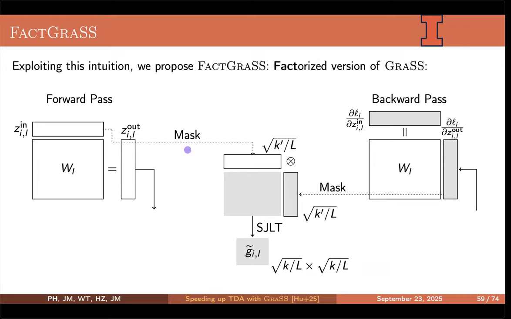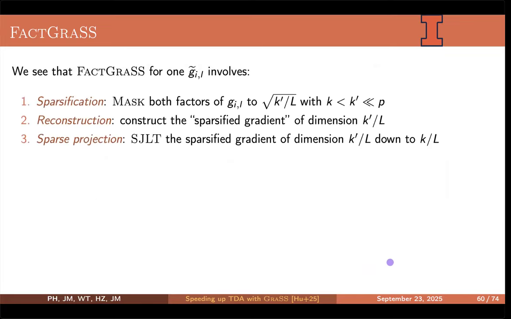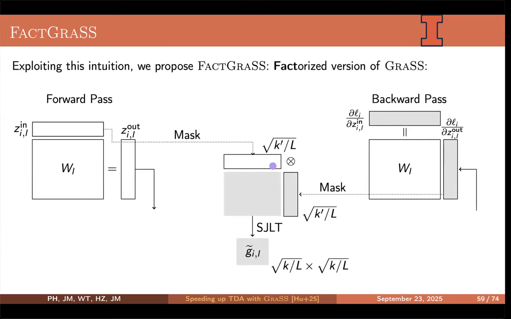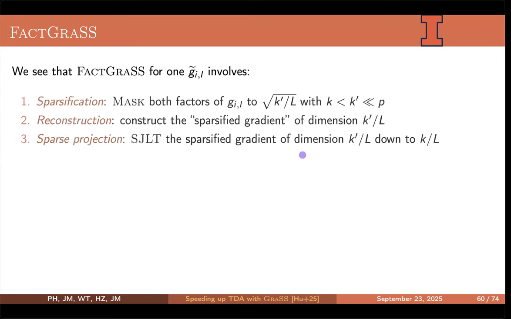Now you should ask, what is the complexity of this new algorithm design? First, we do sparsification, which is still masking. Masking will take the same amount of time as the output dimension size, which is square root of K prime over L this time.